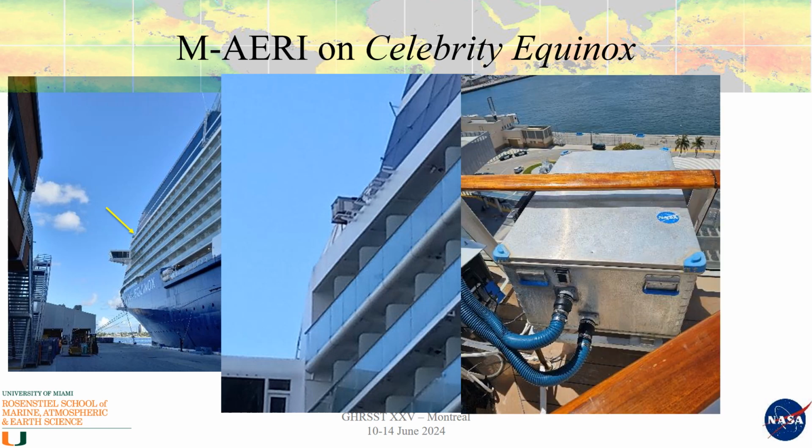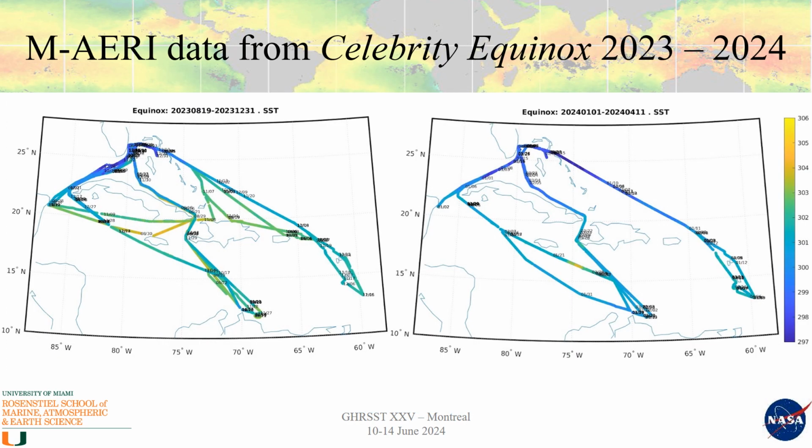And here it is after being refurbished and is deployed now. It's currently in the Mediterranean. But before it went there, it was doing circuits around the Caribbean, the left-hand side from October to the end of 2023, and the right-hand panel 2024 up until April.